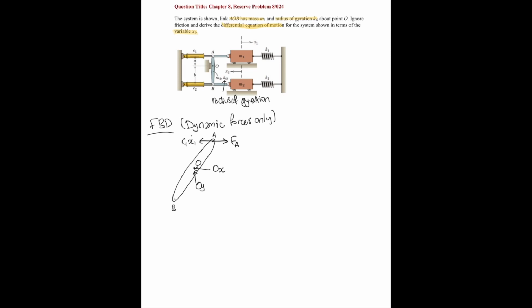And at B, Fb is also going to be moving it forwards, but the damper is also going to be moving it forward because it's damping the motion going this way. The distance between A and O is a, and between B and O is b, and the angle is theta from the vertical.